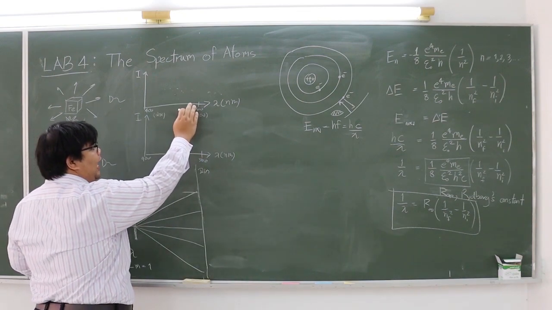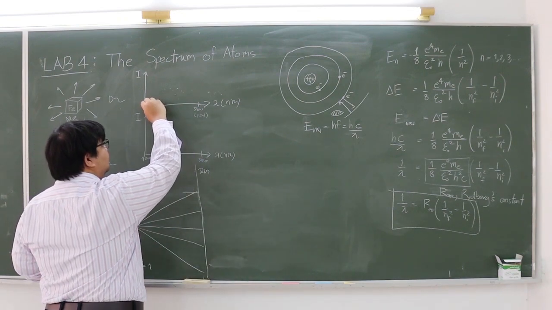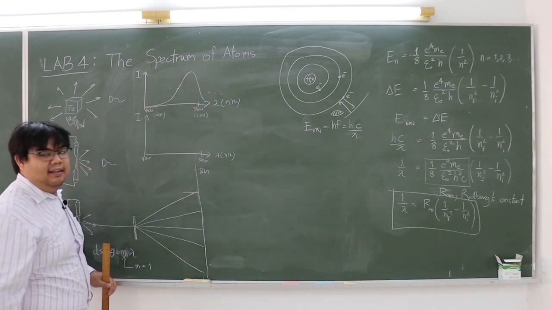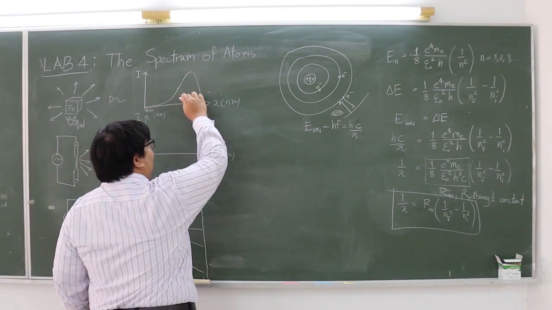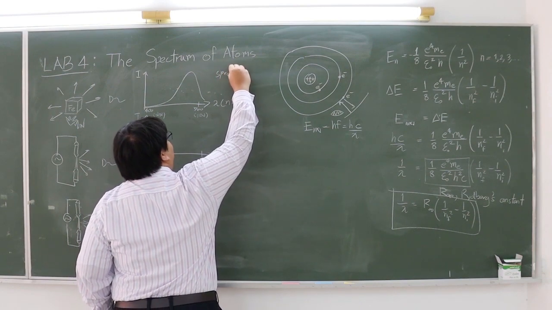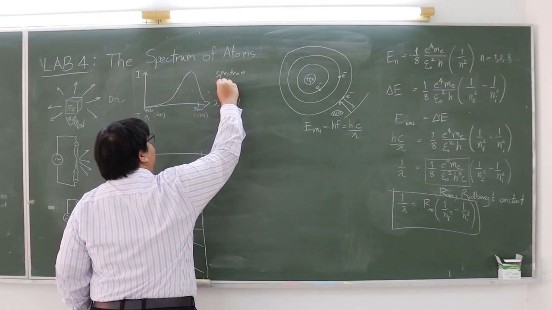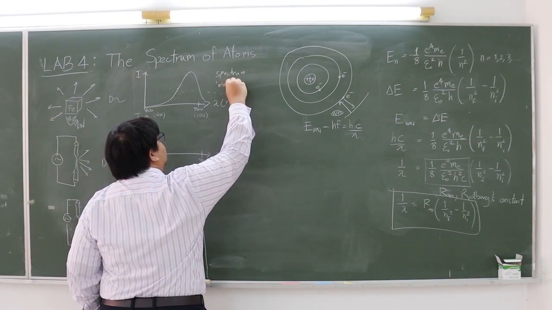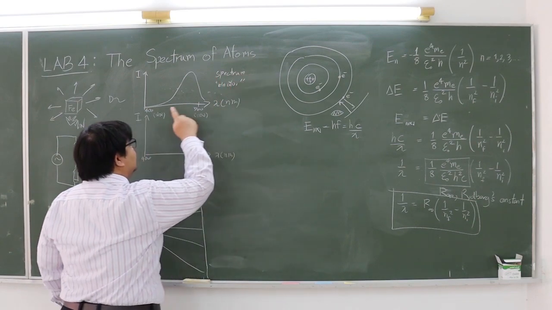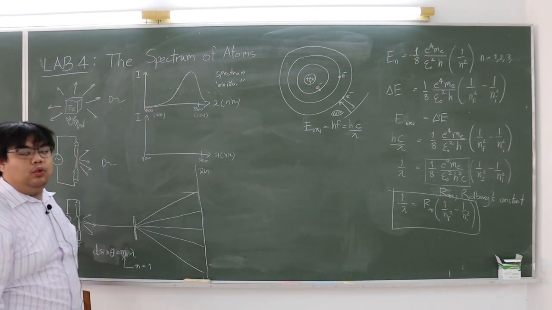That means the graph you got should skew right, like this. It is this graph that is called spectrum. This kind of spectrum is called continuous spectrum, as you see that the graph is continuous, like this.